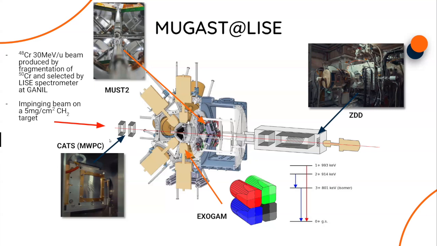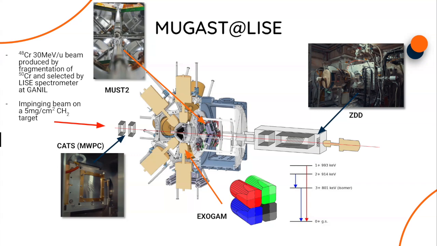We have two CATS MWPC detectors to detect the beam and reconstruct event by event the beam position on target. We have MUST2 detectors, which are light charged particle detectors, to detect the helium-3s.